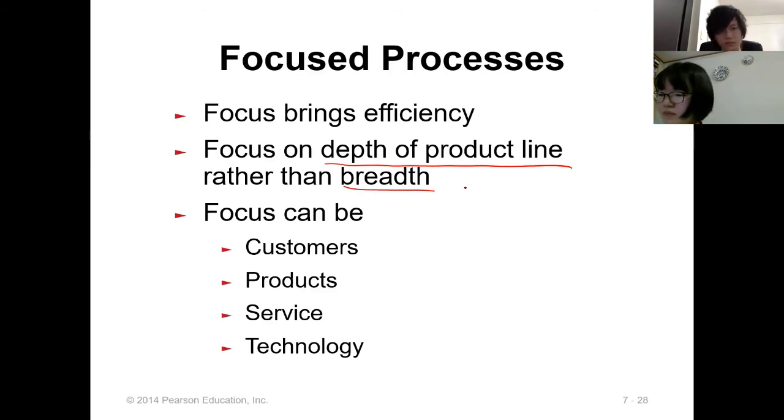Or even if you make cars, you don't have the same factory making buses. Bus is different. So focus brings efficiency. Focus on the depth, not the breadth of different products. And of course, focus can come from the customers.